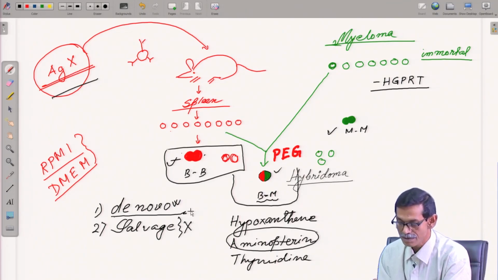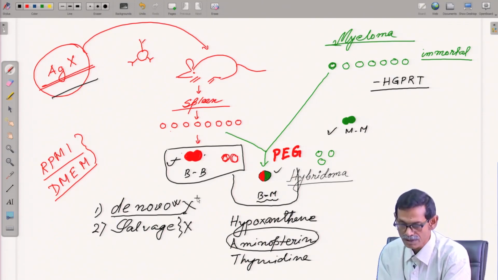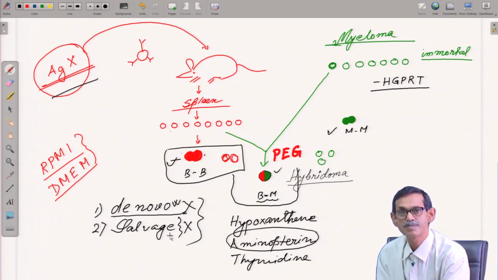So, as a result, what is happening, they cannot use hypoxanthine or the salvage pathway, they cannot use the de novo pathway, because aminopterin is there as an inhibitor. So, both nucleic acid synthesis pathways, de novo and salvage, are blocked.